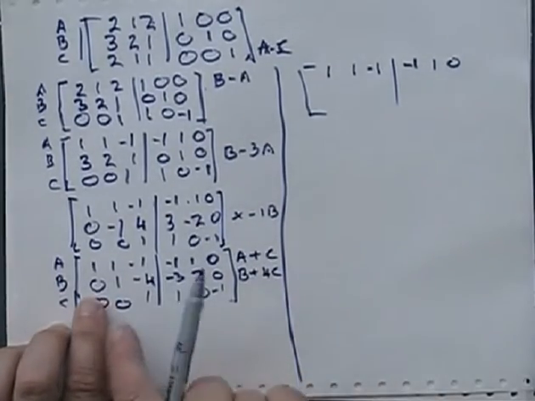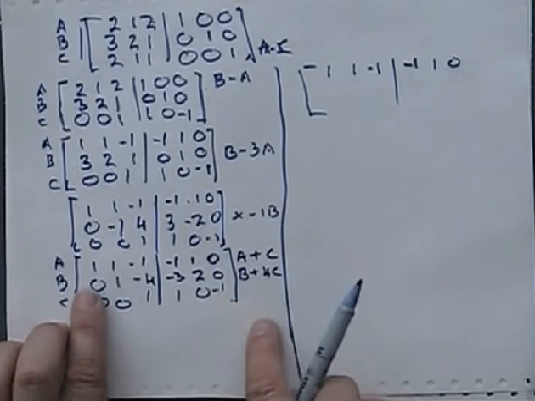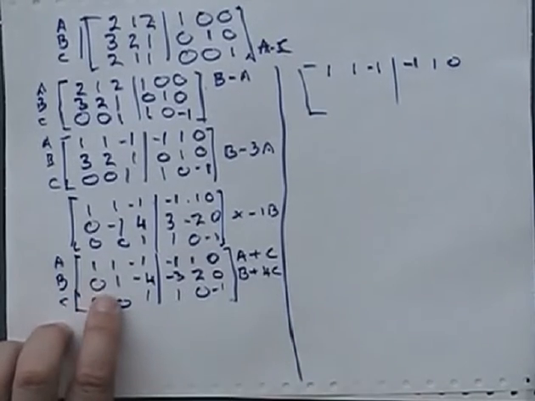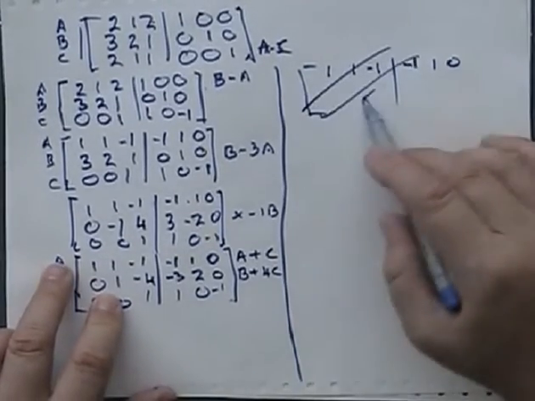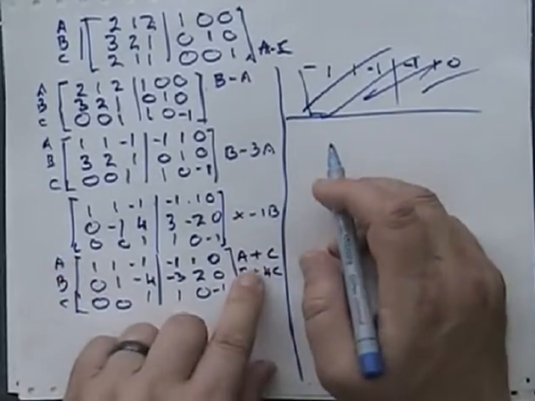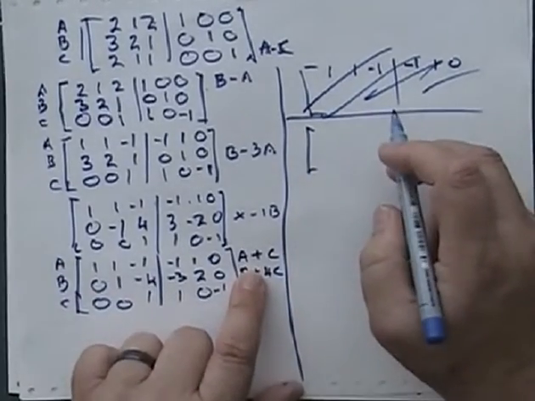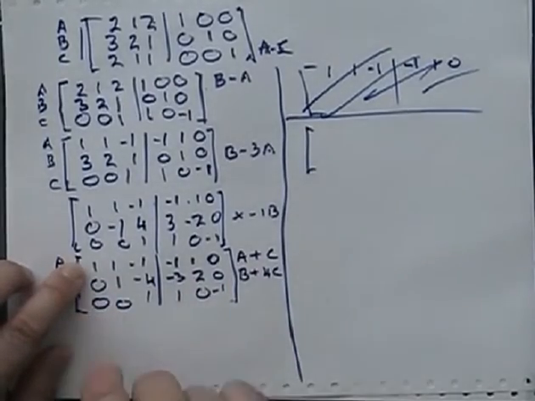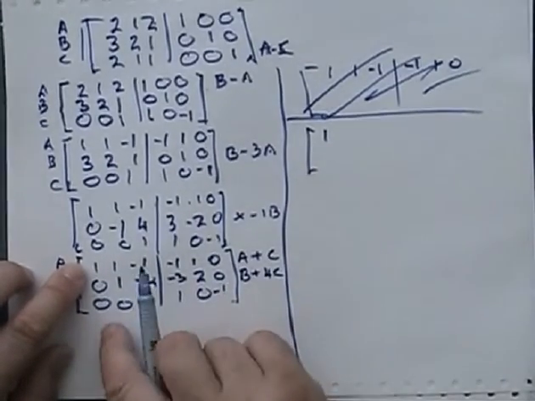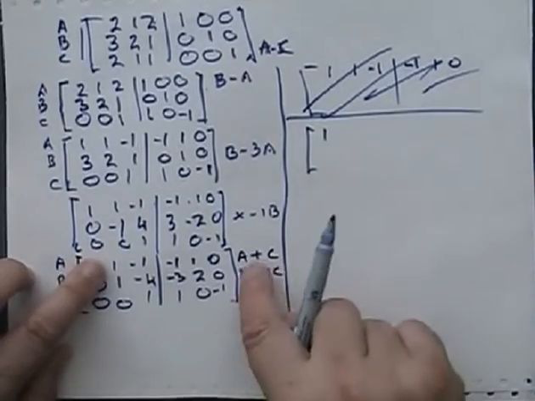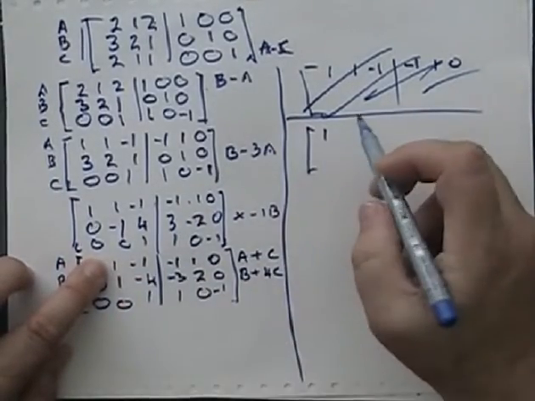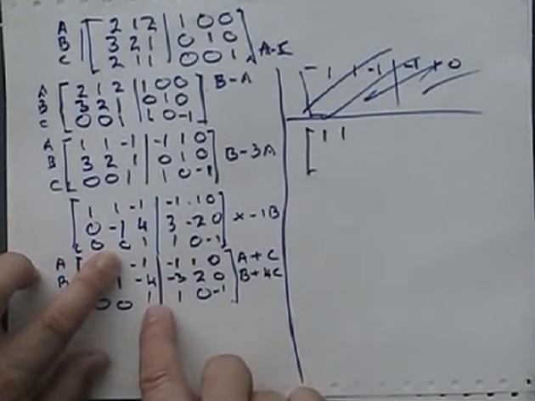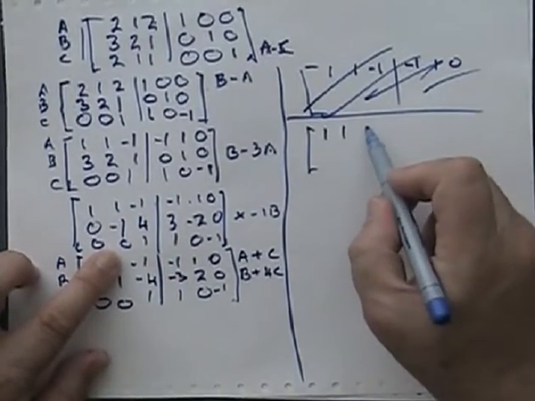I then look at this equation. Oh, sorry, I am changing the top equation. My bad, let's do that again. Thank you to everybody that spotted that. I'm going A plus C, so that's going to be 1 plus 0 is 1, 1 plus 0 is still 1, but negative 1 plus 1 is 0.